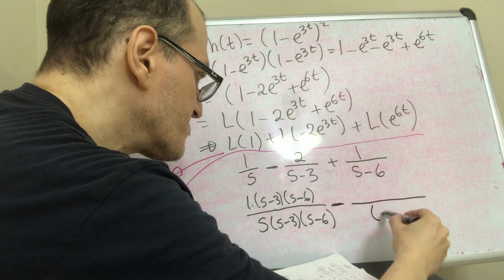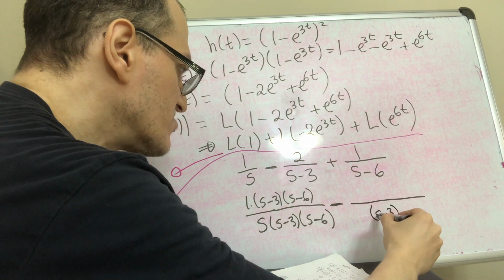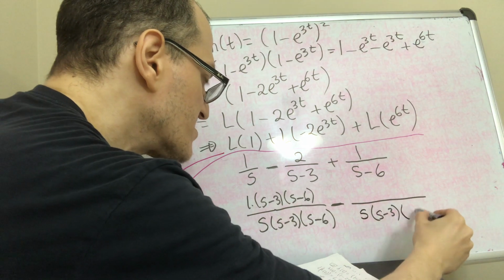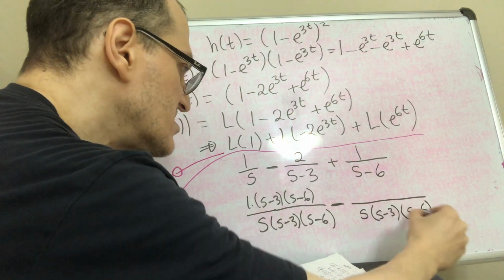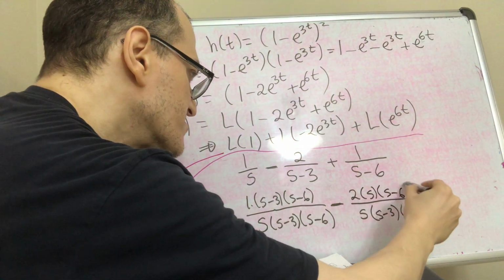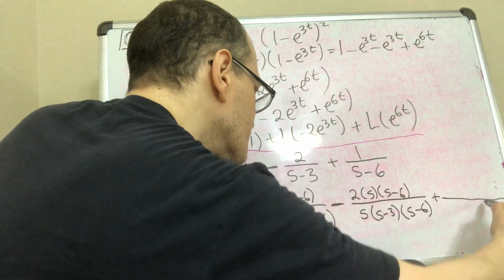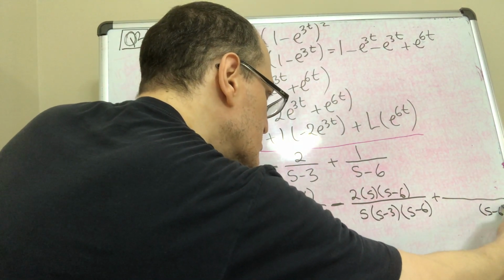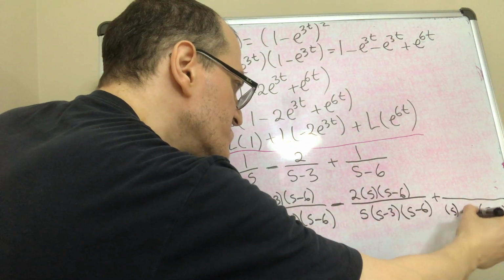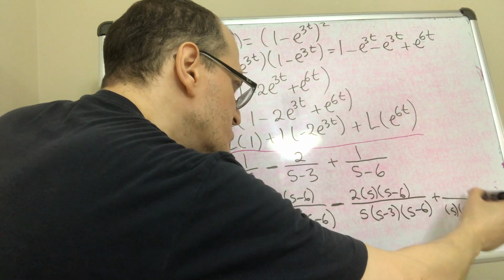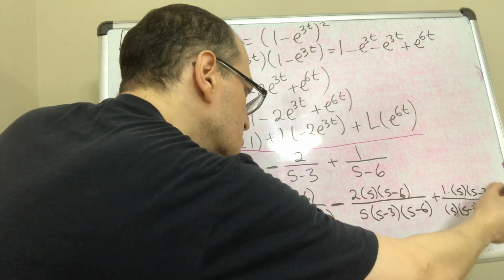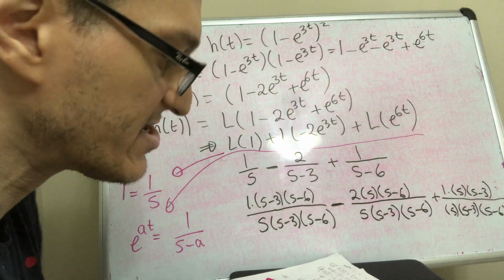This one, you need to multiply by the other two, s and s minus 6, so s and minus 6 would also be multiplied by the 2. This one is s minus 6, we need to multiply it by the other two denominators, the s and the s minus 3, so the 1 is also going to be multiplied by the s and the s minus 3.